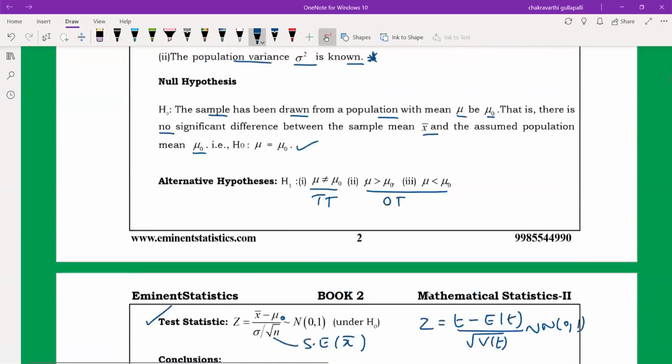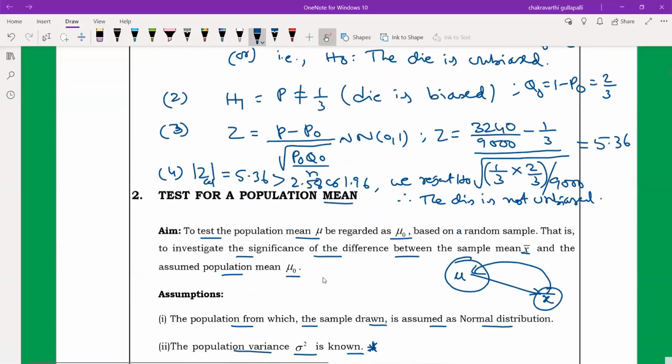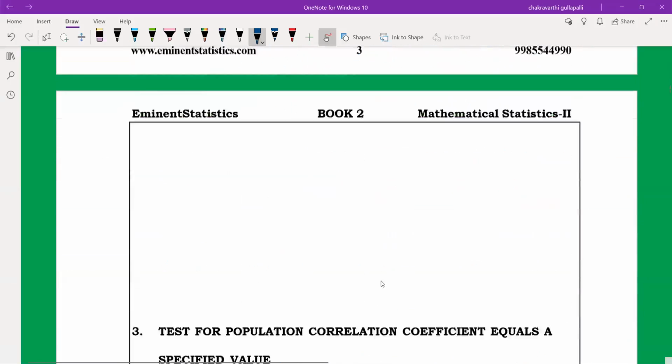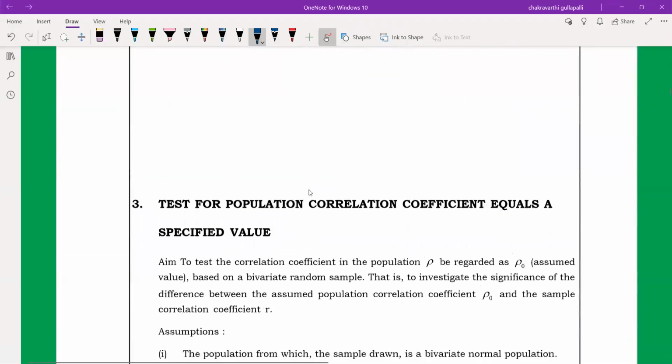So test number 2 is a single population mean. Test number 3: test for the population correlation coefficient equals a specified value.